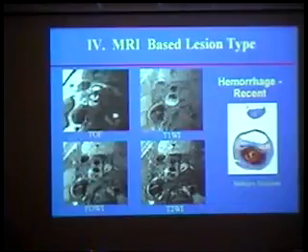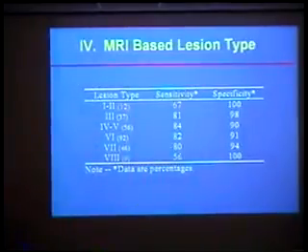So based on images of this type, and also based on AHA's guidelines of lesion types, this is what we come up with, what MR can do. This is the lesion type, starting from relatively early or normal up to type 8.